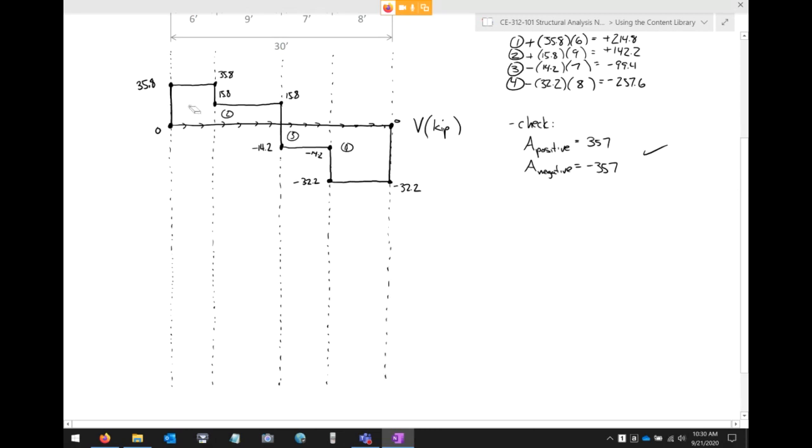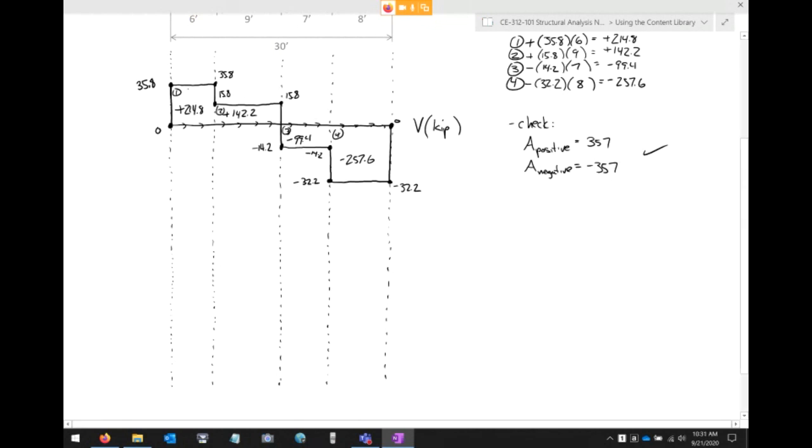And then maybe one other thing I'll do is just make it a little easier for me for scrolling up and down in case I do that a bit, is let's write in, this is positive 214.8. This is positive 142.2, negative 99.4, negative 257.6. All right, let's do that. Just so that they're there on the shear diagram.